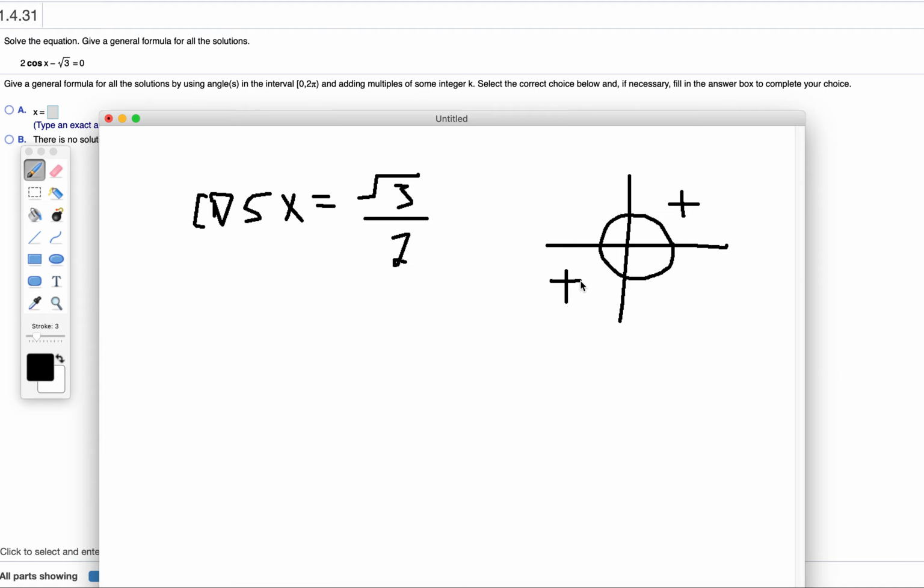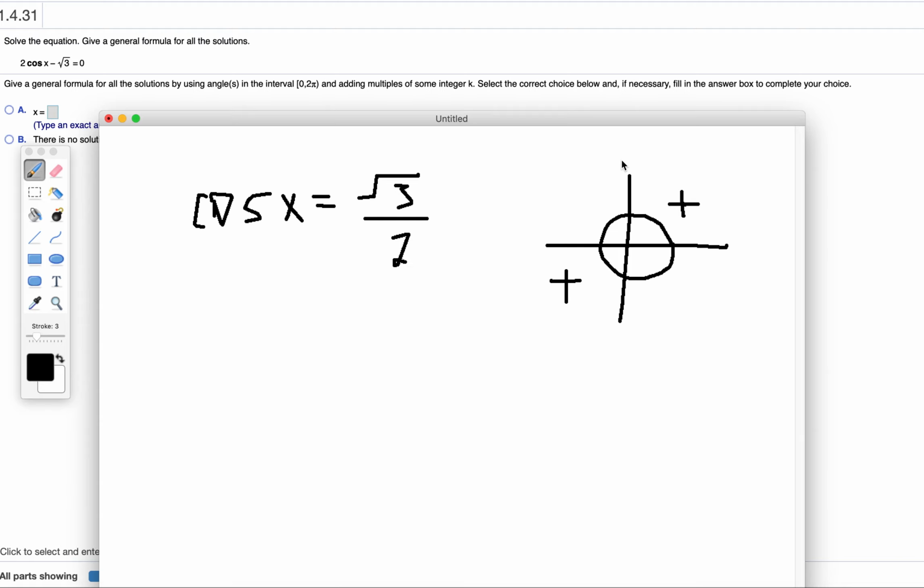Now, when they start talking about the general formula, that happens because if I take quadrant 1 and I add 360 degrees, I'm right back where I started. If I add another 360, there are actually an infinite number of answers for this question when I start opening my interval up to different values, which is why it says by adding multiples of some integer k.